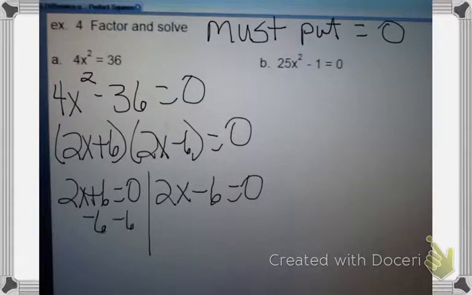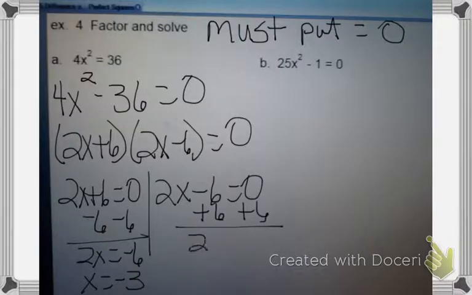Subtract 6. I have two equations to solve. Divide by 2. I can do that in my head and get x is equal to negative 3. And I get x is equal to, oh, that's a positive. Aren't your negatives?